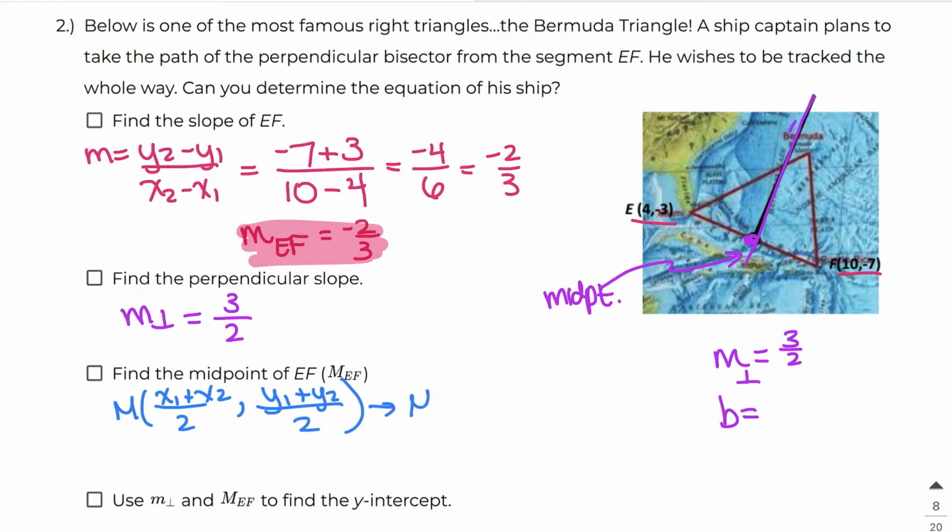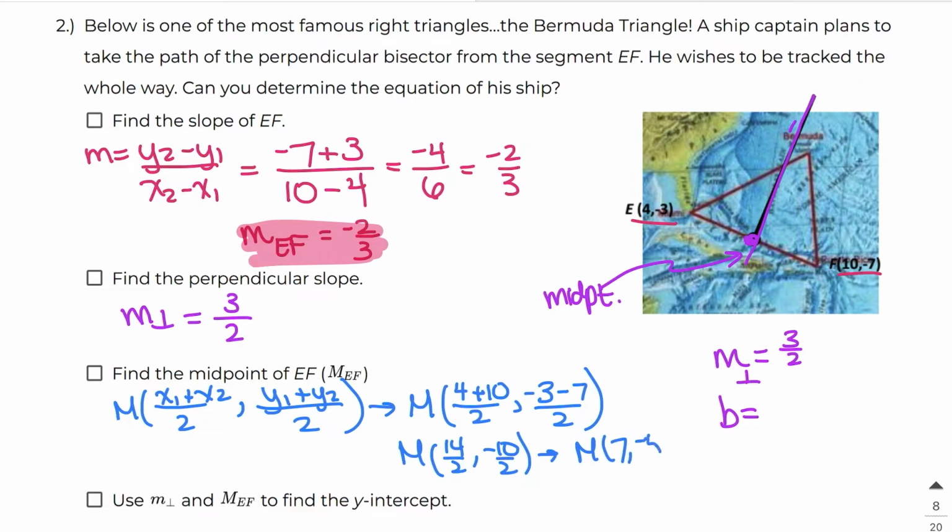So right here, I know that x1 is going to be 4 and x2 is 10, divide that by 2. I know that y1 is negative 3, y2 is negative 7, divide that by 2. So I end up getting 14/2, negative 10/2, which turns into 7, negative 5. So I know that this midpoint is going to be (7, -5).